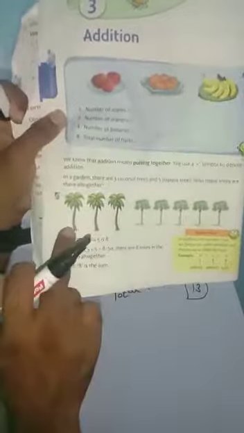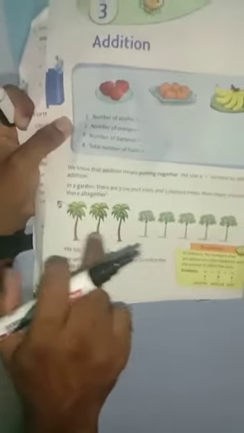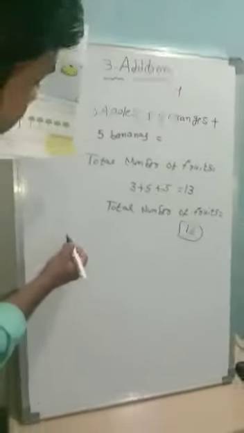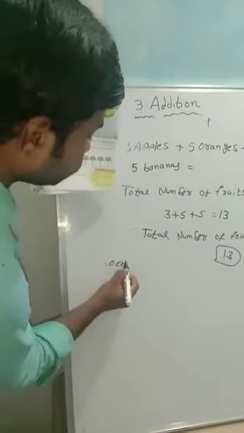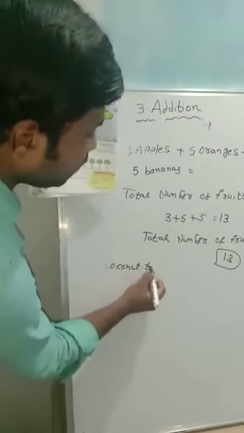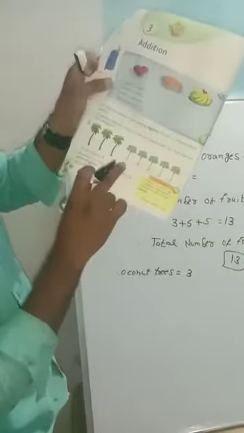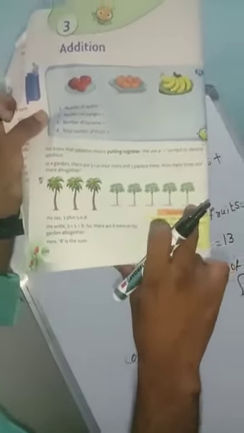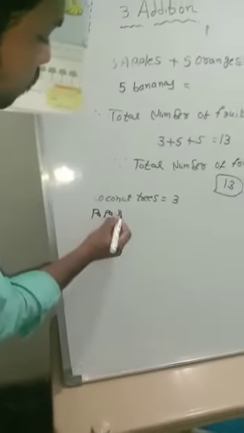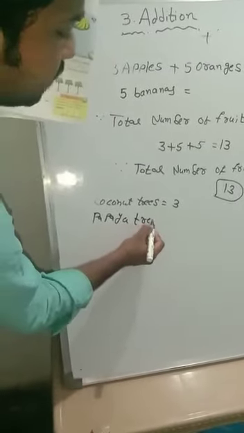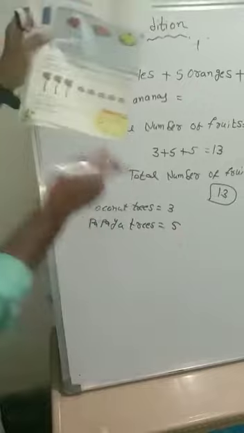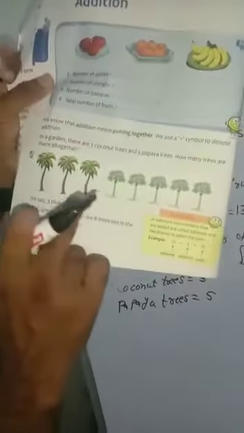Here 1, 2, 3. 3 coconut trees are there. So coconut trees, how many children? Coconut trees is equal to 3. And the remaining papaya trees: 1, 2, 3, 4, 5. 5 papaya trees. Papaya trees is equal to 5. So in the garden total trees how many?